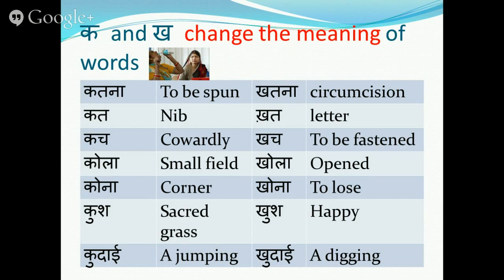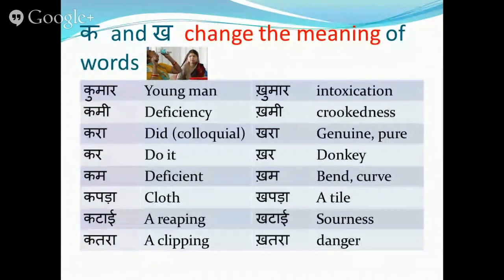Kona, corner. Khona, to lose. Kush, sacred grass. Khush, happy. Kudai, jumping. Khudai, digging. Kumar, young man. Khumar, intoxication. Kami, deficiency. Khami, crookedness. Kara, to do, to have done something, it's a way of saying it. Khara, genuine and pure. Kar, do it.